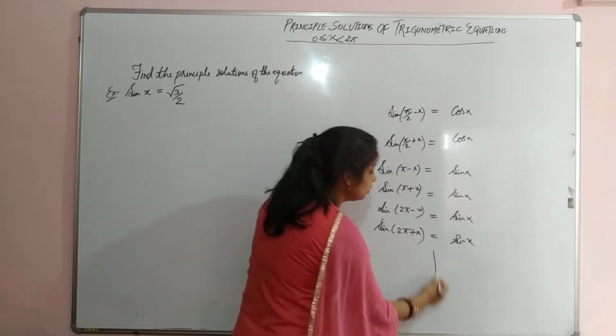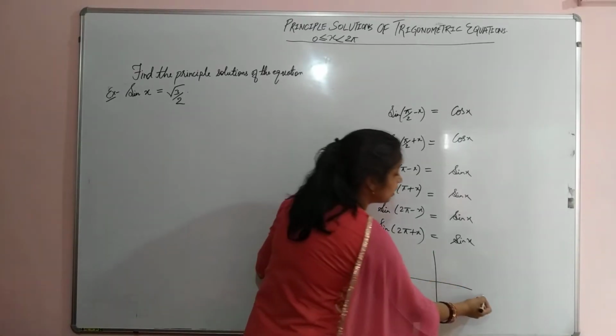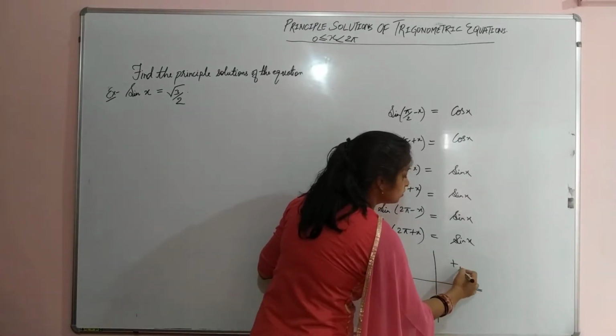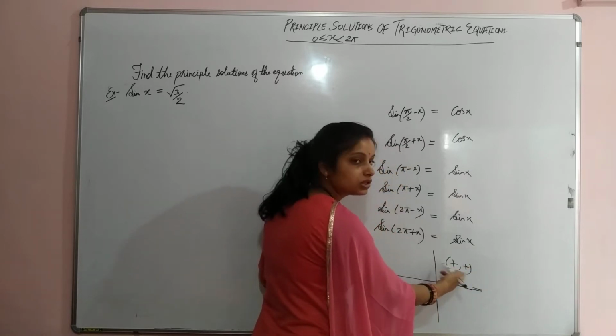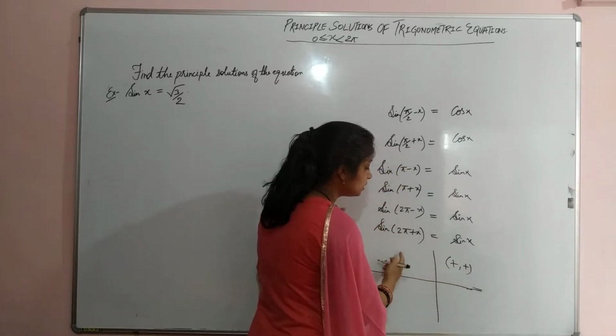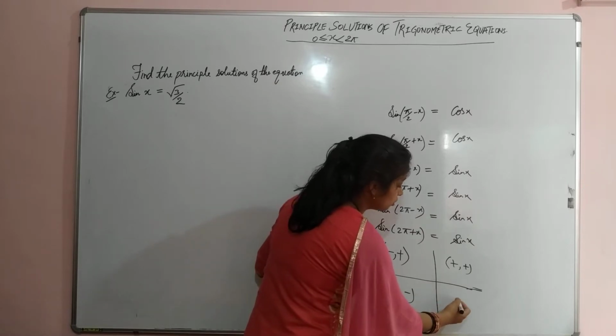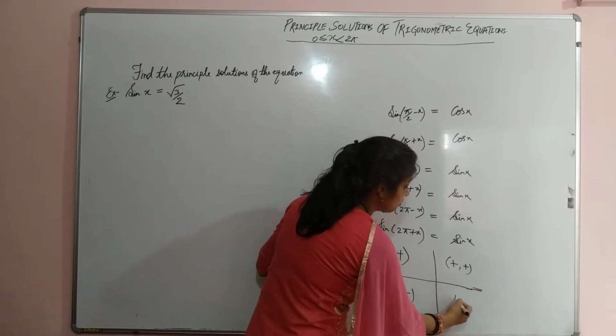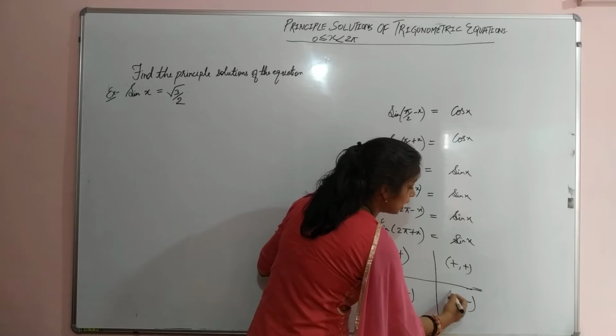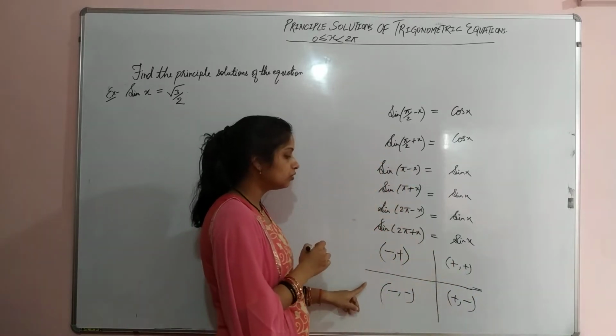For sine, you should know the quadrants. This is the first quadrant where cos is positive, sine is positive. This is the second quadrant where cos is negative and sine is positive. This is the third where both are negative. In the fourth quadrant, cos is positive and sine is negative. So use this.